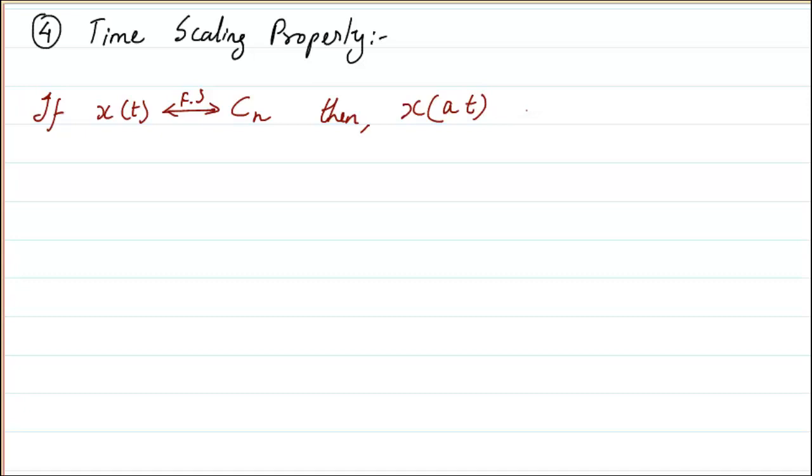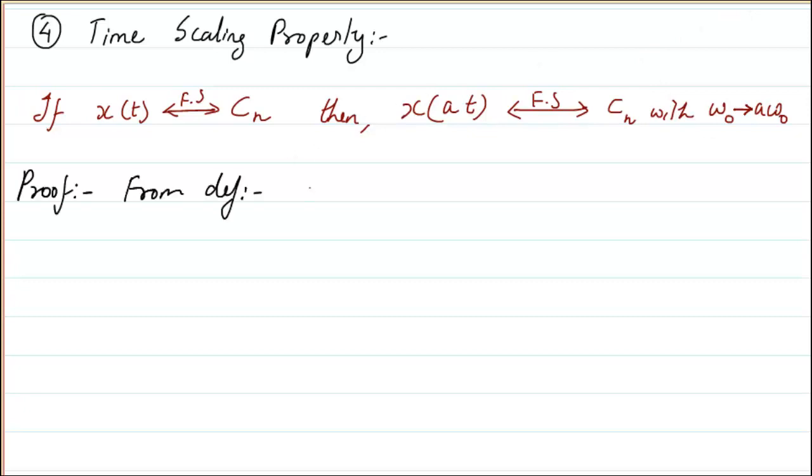Instead of t you multiply it with a, and then you get a t. In that case you will get the Fourier series as c of n itself, but with a new value of omega naught, which changes from omega naught to a omega naught. So that is going to be the difference.